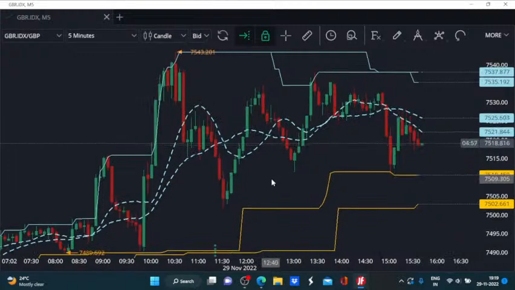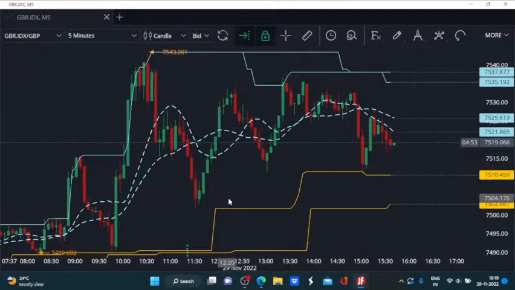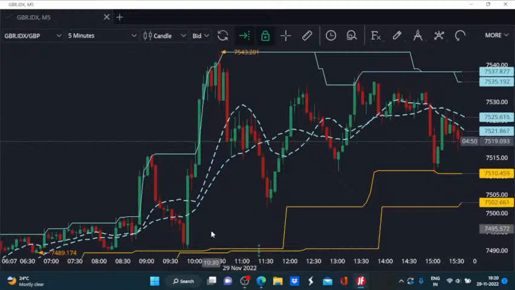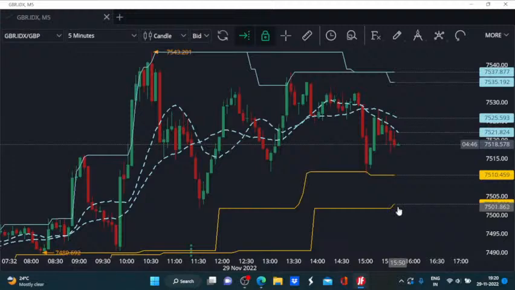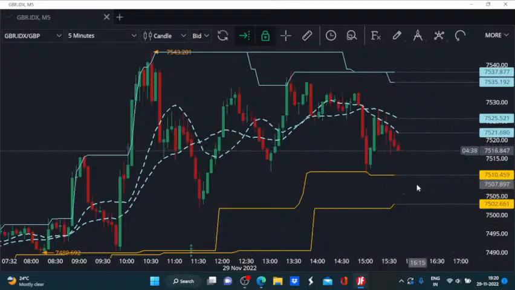If we see this current consolidation phase holding well, and if it doesn't dip much below this immediate swing low around 7,490, so we do have a buffer of 10 to 15 points on the lower side. Even if it dips and then consolidates and holds the level, then I think we can indeed think about going for the buy trade if we don't see any strong correction happening in the US equity indices.